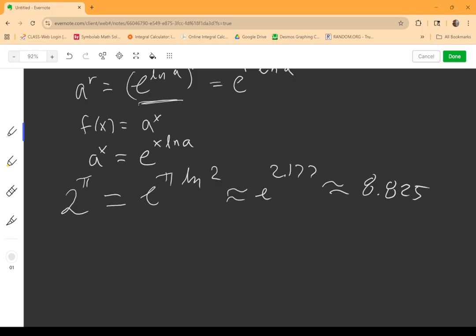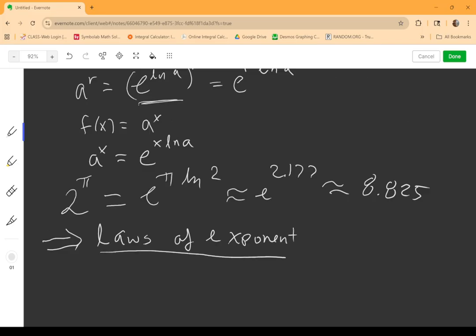Through the laws of the natural exponential, that leads us to the laws of exponents that we are familiar with, and these all derive from the natural logarithm definition.